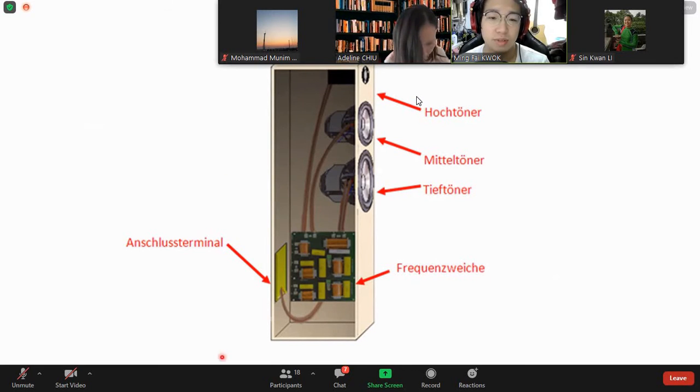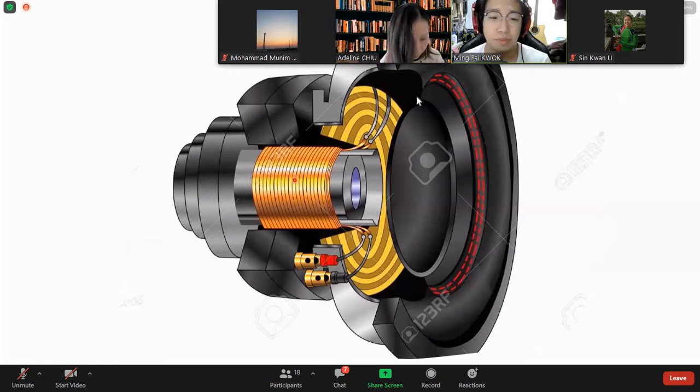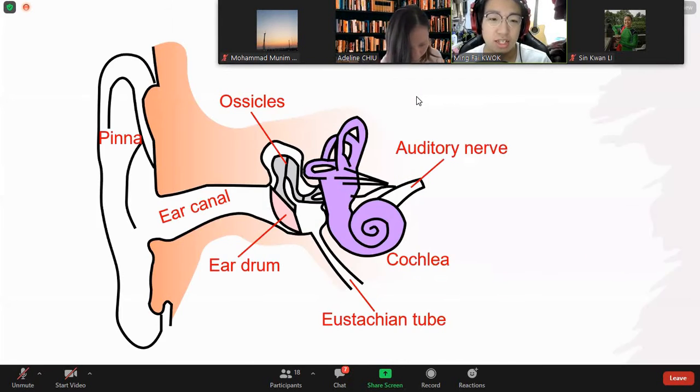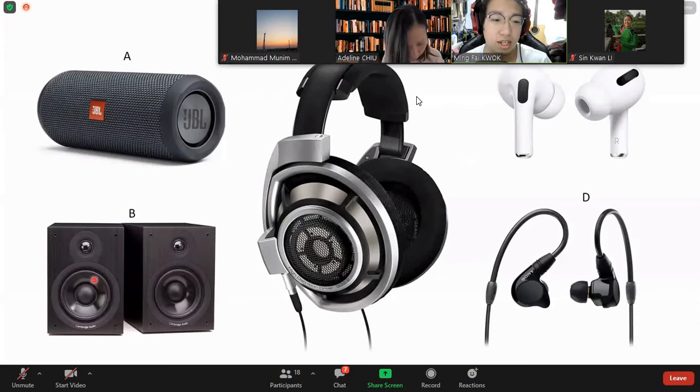A speaker has treble, middle and bass units, a PCB and a wire connection port. There are magnetic coils in the cone that move the diaphragm, just as you see here.